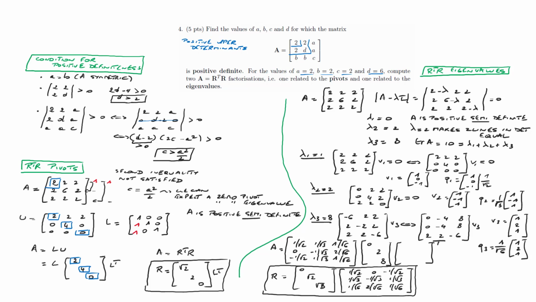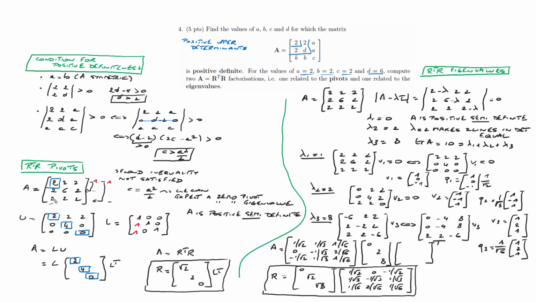Let us have a look now at the R transpose R factorization using pivots. We are using these values of a, b, c, and d. If you stack them in here, this is the A matrix that you obtain. So this is our first pivot. So what we have to do here is to bring this matrix in upper triangular form.